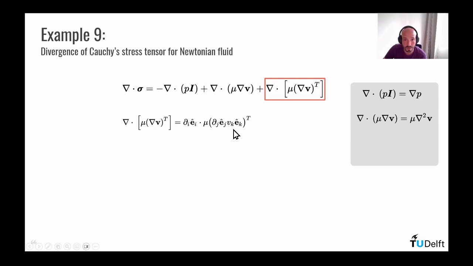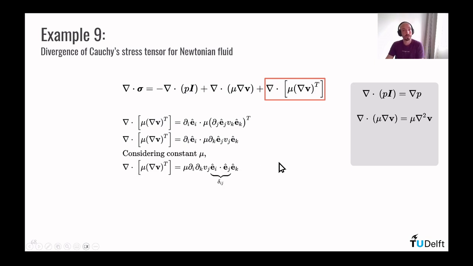For example, we can swap j and k from the directions here, or we can swap j and k from del and v. It doesn't matter. In this case, we chose to swap the indices of del and v. So you see the directions e hat j and e hat k stay the same, but del j becomes del k and v_k becomes v_j. Okay, this is how we perform the transpose.